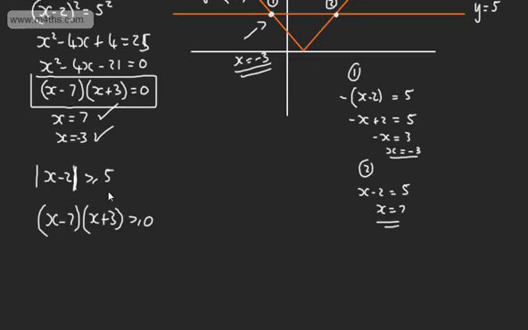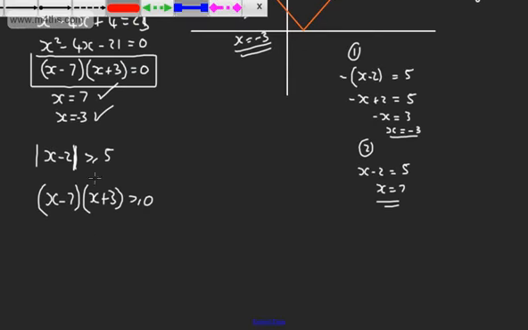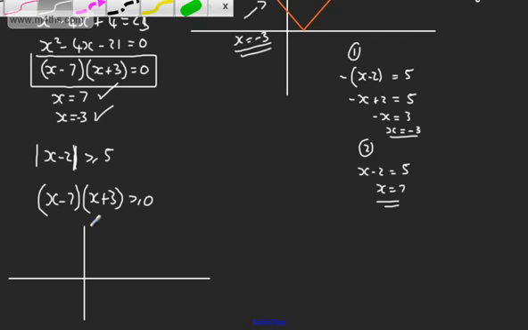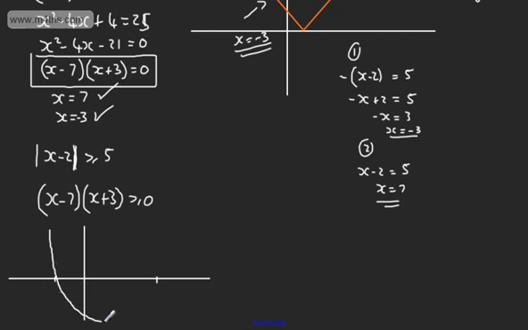Now if we did this, we could draw a quadratic inequality. So what we'd have is the following. We would have this point just here, which is minus 3, and then this point, which is positive 7. Drawing our quadratic, it'll look something like that. So on the number line, we've got 7, we've got -3, and we ask ourselves, where is this going to be greater or equal to 0? We've got it just here, and just here.